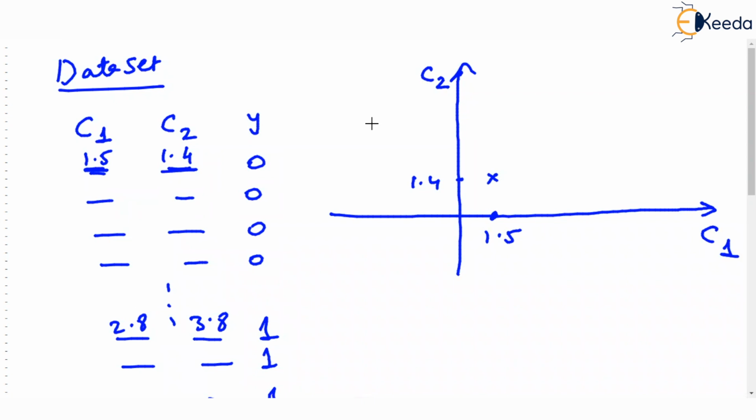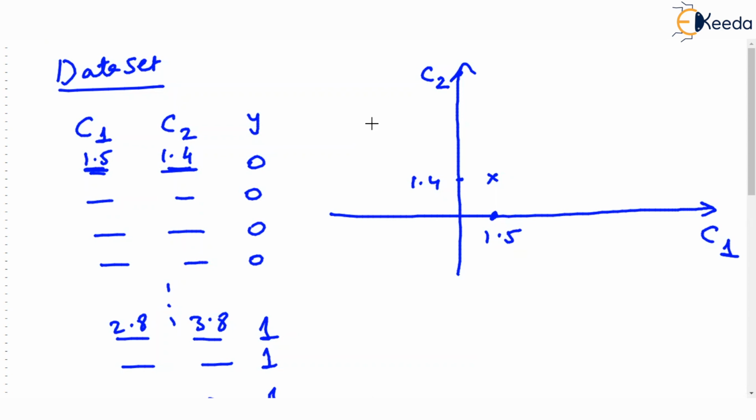I can draw a third axis, C3, but where is C4? There is nothing called a 4th dimension in our world. But remember, in linear algebra, which I explained thoroughly, there is no limitation. Mathematics can extend itself to any dimension using vectors. But for visualization purposes, I have drawn this.